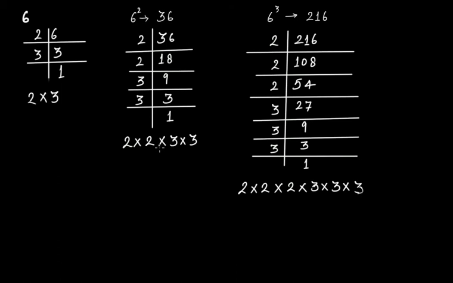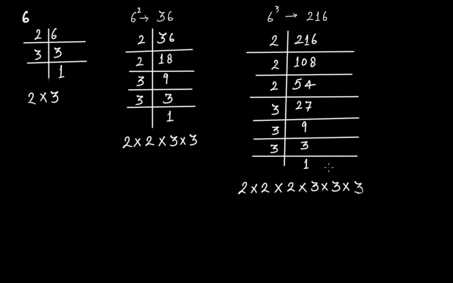Right? So twice of 2 and twice of 3. In the case of 216, the count of 2 is 3, that is thrice of what we have here. And the count of 3 is thrice the count of 3 that we have here. Right? So twice here and thrice here.